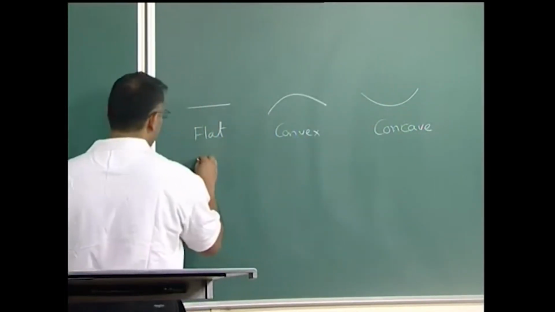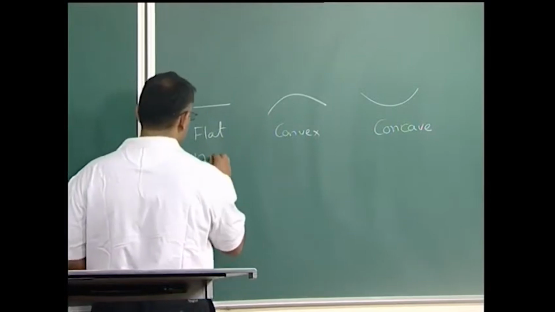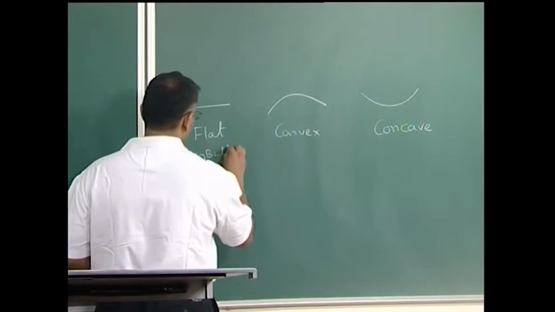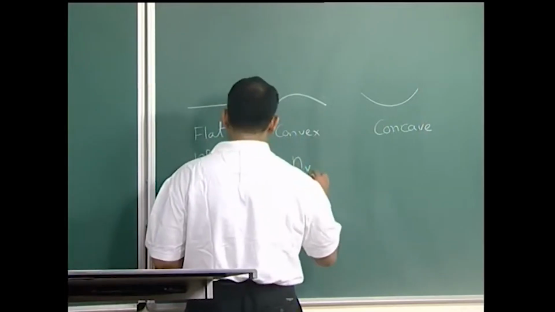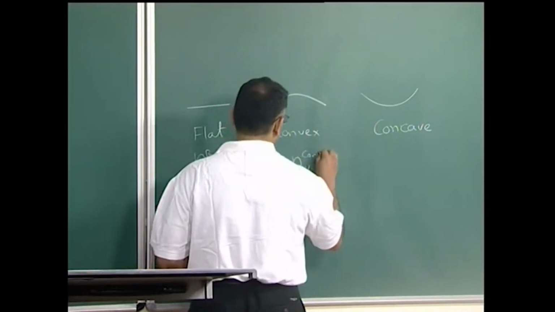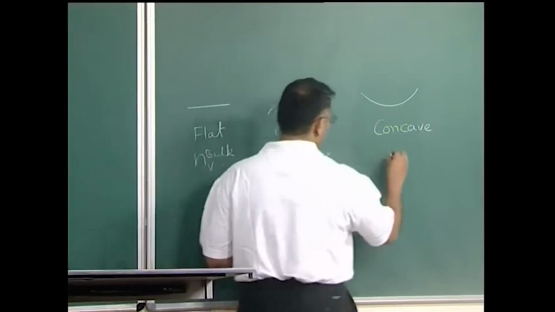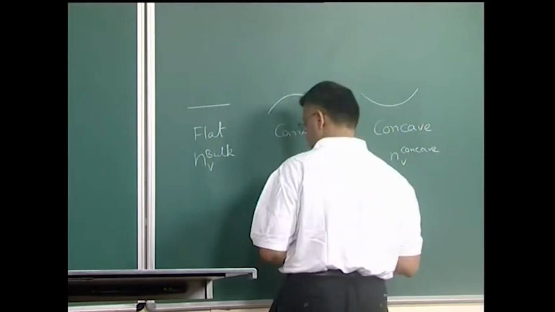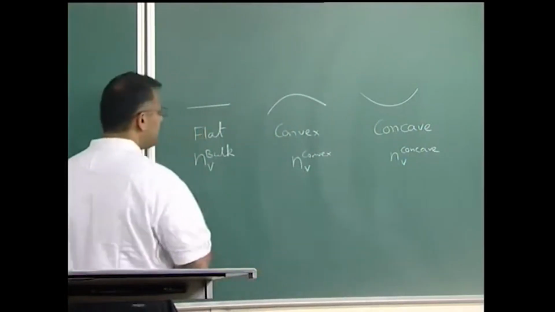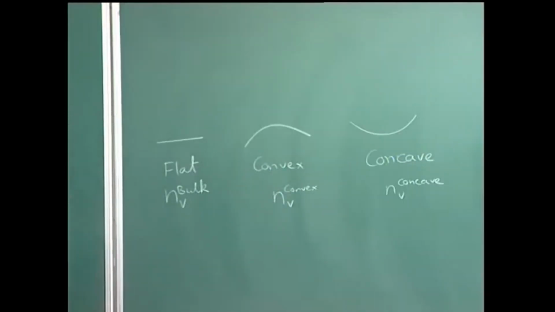For now I will assume that this is the concentration of vacancies, and I want to compare it with the concentration of vacancies for convex and concave surfaces. So I have three kinds of configurations to talk about, and I need to see how the concentration of vacancies changes.